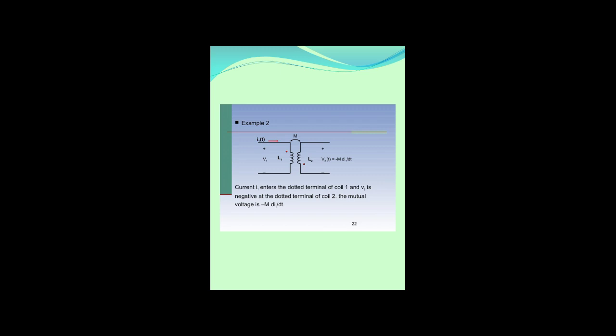Example 2. Now, if the current I1 enters the dotted terminal of coil 1 and V2 is negative at the dotted terminal of coil 2, then the mutual induced voltage is minus M di1 upon dt.